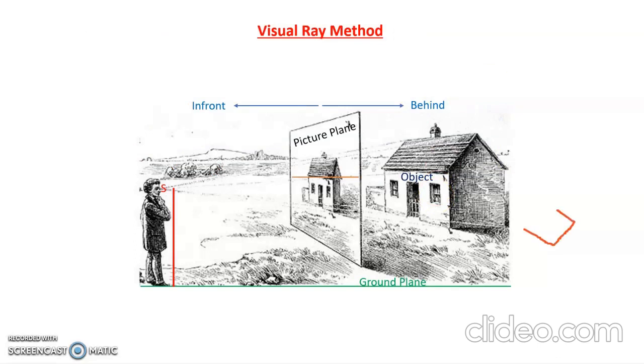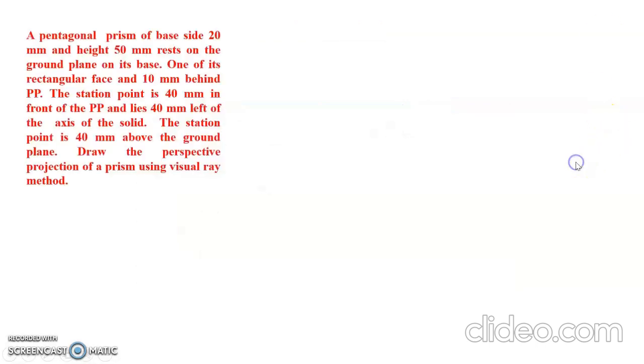The hexagonal prism is standing like this on the ground, and one of its rectangular faces is 10 mm behind the picture plane.